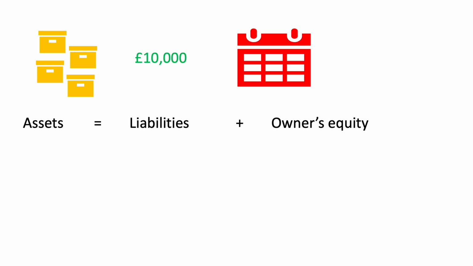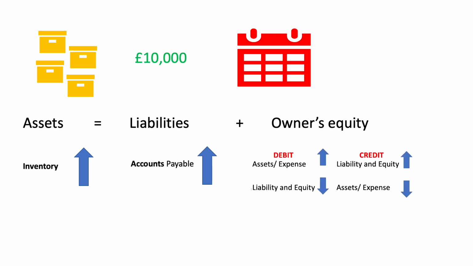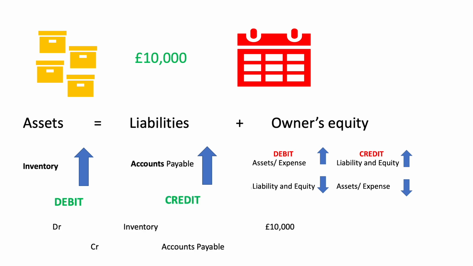A purchase of inventory on credit means that inventory, which is an asset, has increased, and accounts payable, which is a liability, has also increased. We mentioned earlier that an increase in an asset is a debit and an increase in a liability is a credit. So we debit inventory and credit accounts payable with the relevant amount.